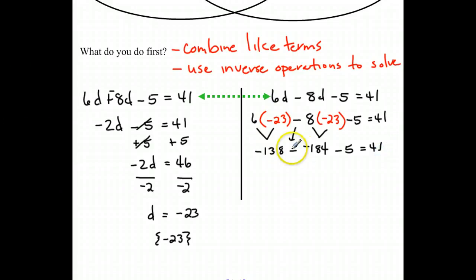As I'm doing the problem, I see that I'm subtracting a negative, so I'm going to do my same change and rewrite it. Negative 138 plus 184 is going to give me a positive 46 minus 5 equals 41, and now it's pretty obvious that my answer was correct.